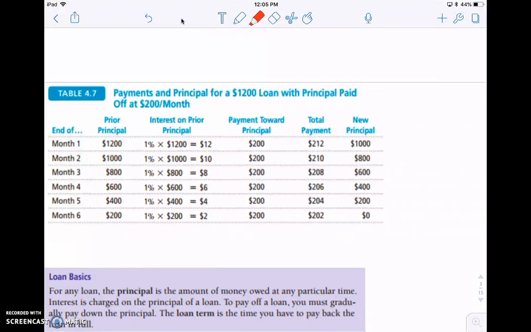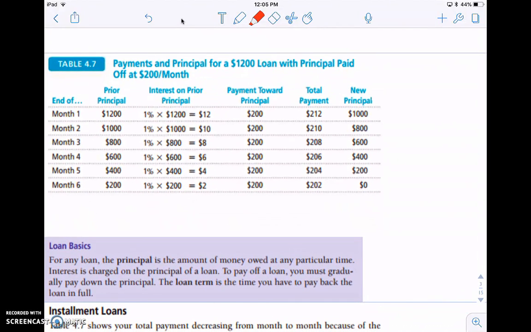So here you can see how this would work, and how much in interest. Again, we're at 1%. We start with the principal of $1,200. 1% of $1,200 is $12. So that's how much interest you pay the first month. And then $200 went towards principal, and the total payment was $212.